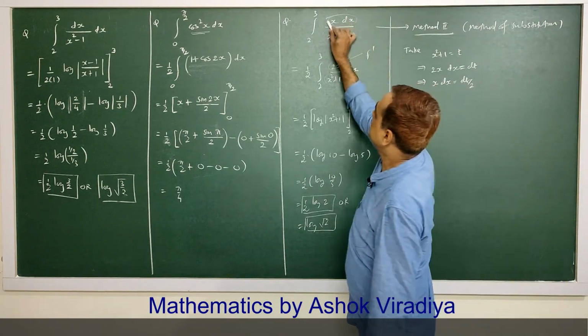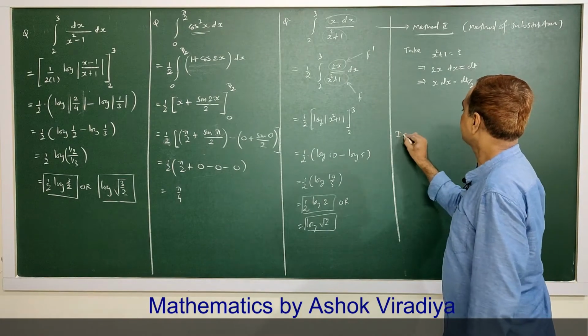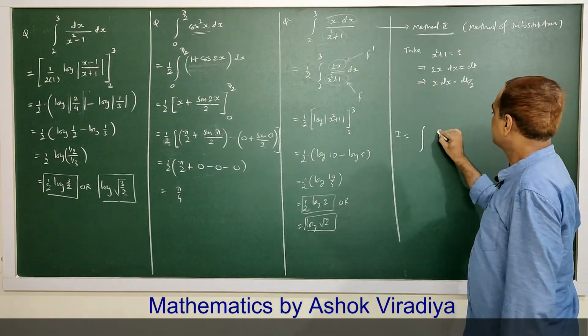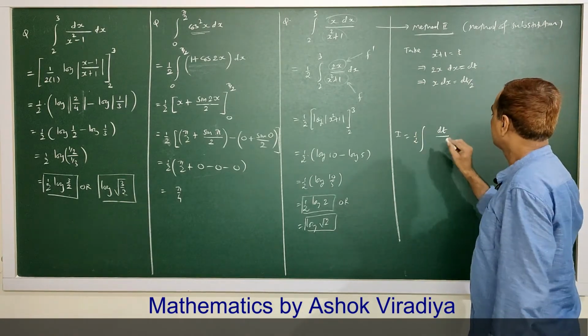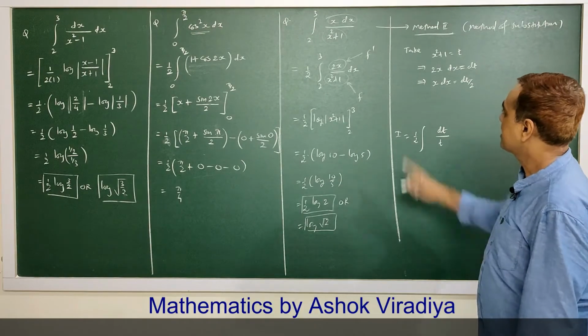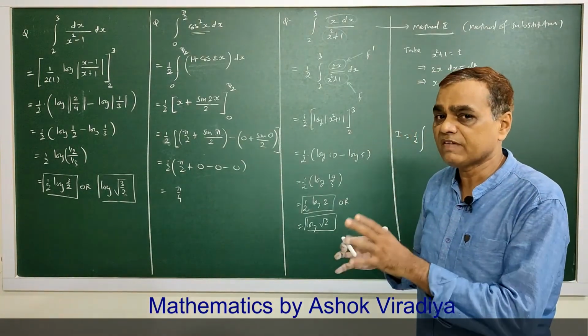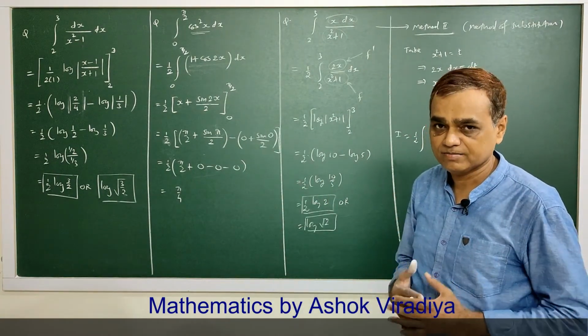So this part can be replaced by dt by 2. So the integral is, see, x dx is dt by 2 and x square plus 1 is t. This work we were doing in previous methods in finding the indefinite integral.